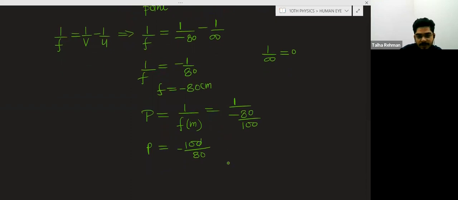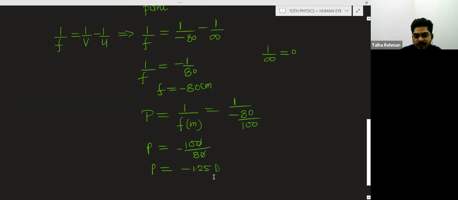So 10 and 10 will cancel out, and it will become 5 by 4. So it will be minus 1.25 diopter. So this will be the power.